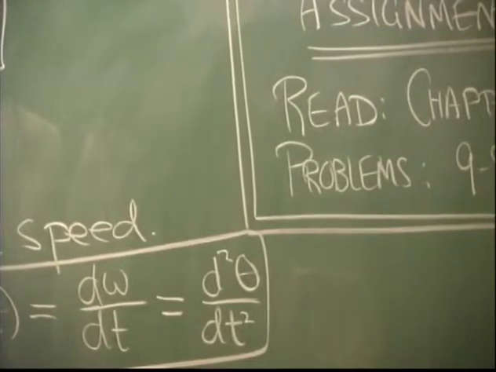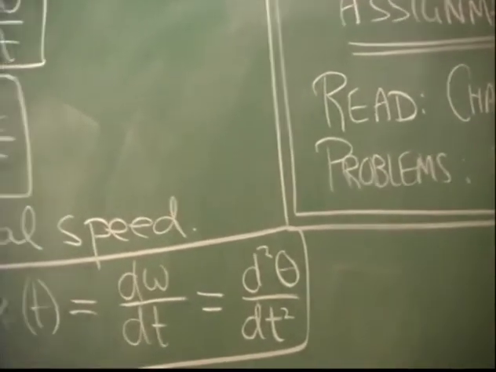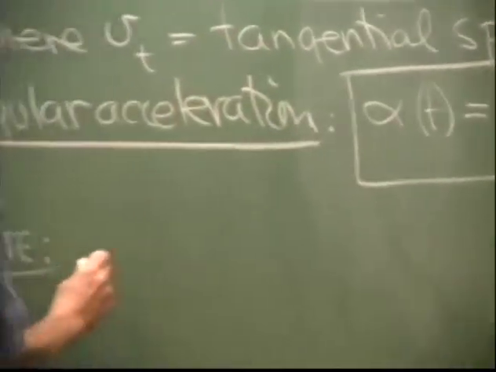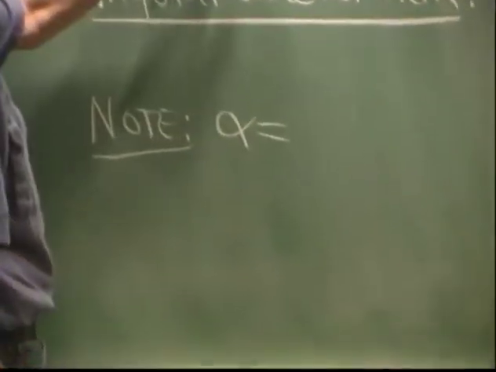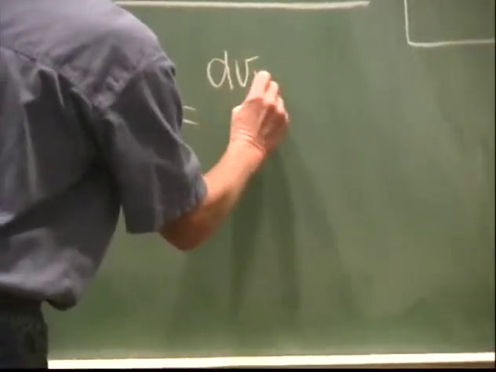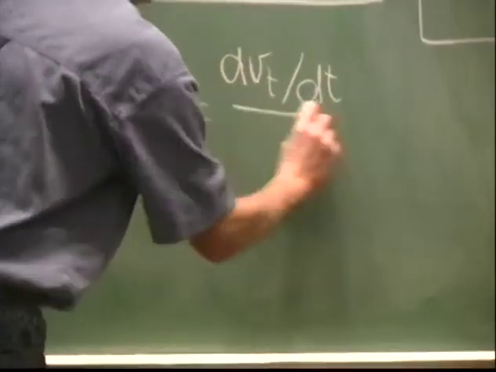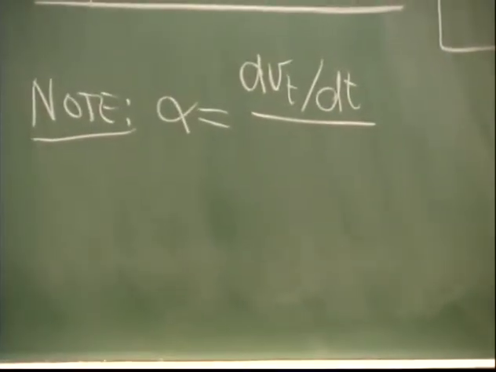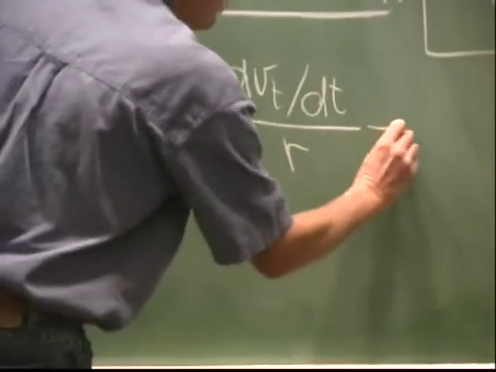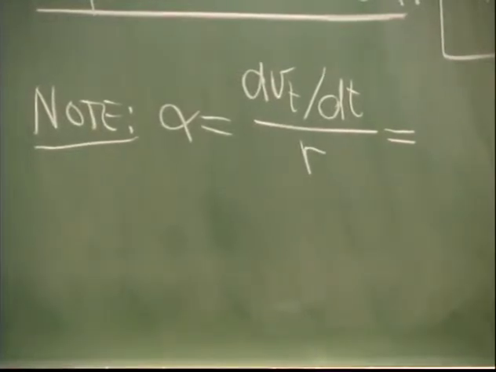Note, I play exactly the same game again. Alpha is the derivative of omega, so that's d v sub t by dt, the rate of change of the tangential velocity, over r. What would you call that?